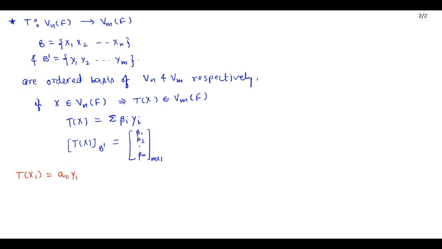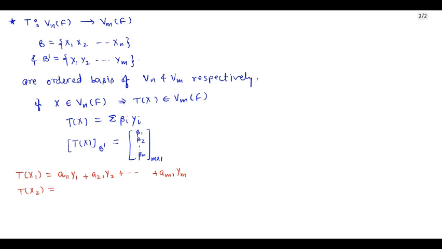So we say T of x1 equals a11 y1 plus a21 y2 plus and so on up to am1 ym, right?